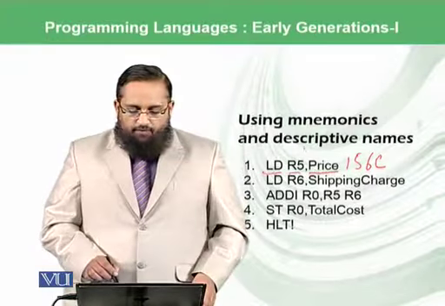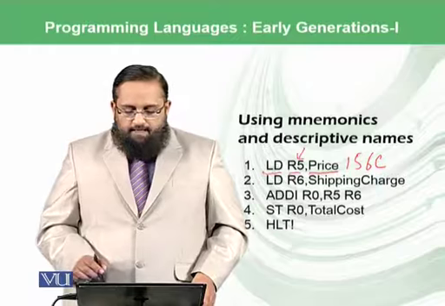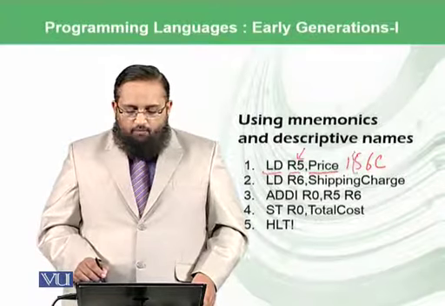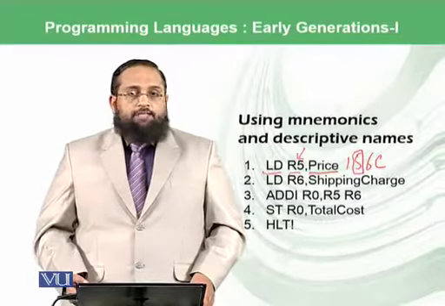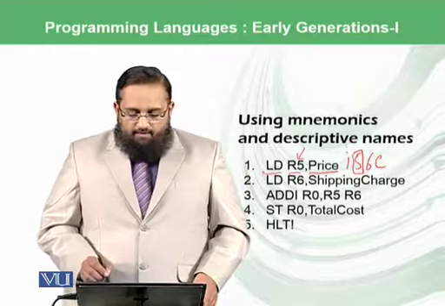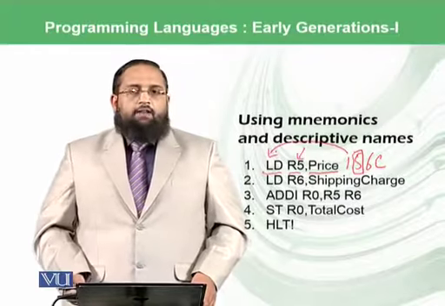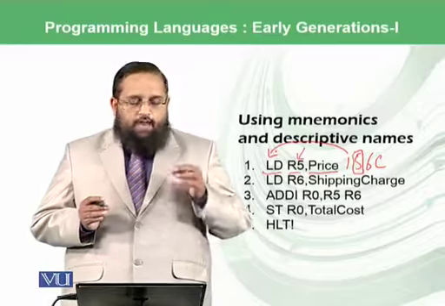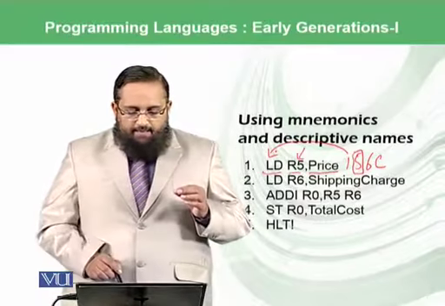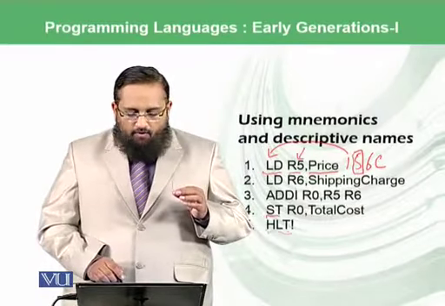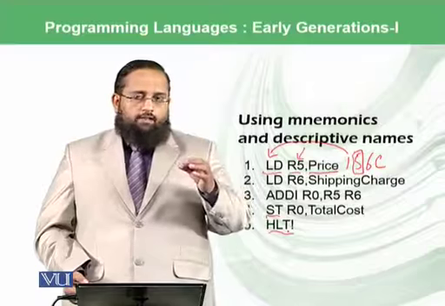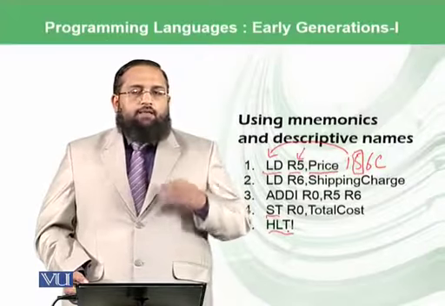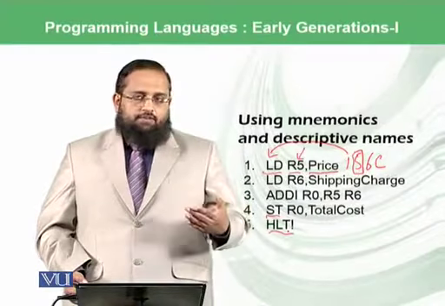And this R5 has been translated from only 5, which was used in the previous instruction. And this 1 has been given the name LD, which means load instruction. So LD, ADD, ST, and halt are the mnemonics or symbols that were used in the next generations.